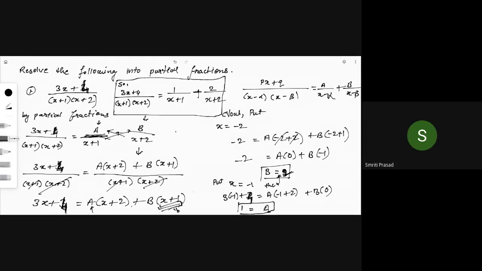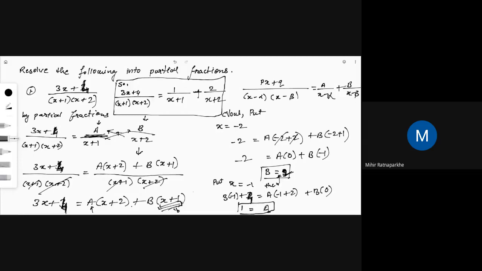Sir, it's Smriti. Should I go ahead now? Sir, I have some doubt. Suppose a question comes like this: in the numerator they have given 2x square plus 5x minus 1, and the denominator is x square minus 3x minus 10.